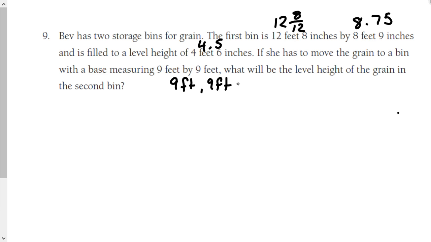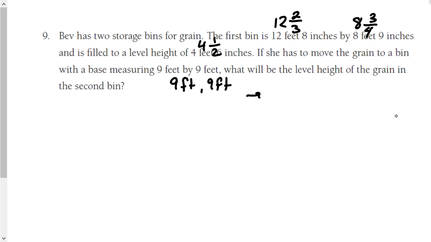What will be the level height of the grain in the second bin? Okay, so this is 81. One second. Okay, I just needed to get my measurements sorted out there.